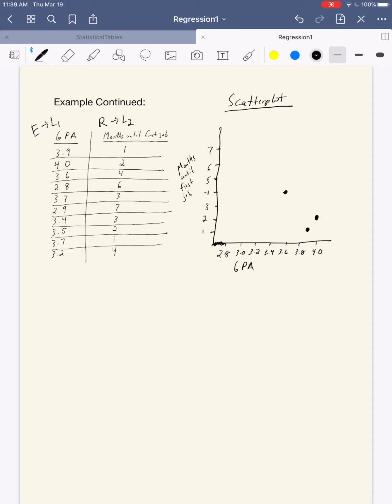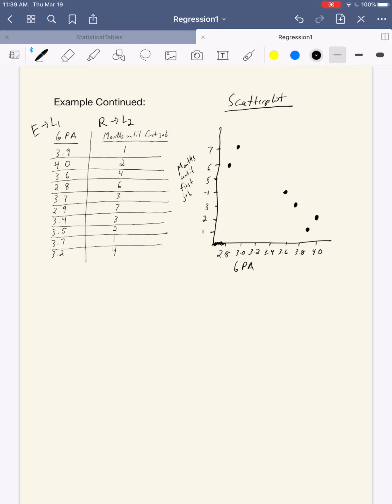We have 2.8 and 6, so we've got a data point right there. 3.7 and 3, so it looks like we've got a data point right there. That's a little off. I'll just go ahead and fix that guy. Let's try it again. So that was 3.7 and 3. Looks like more right about there. Then we've got 2.9 and 7. So we've got a data point right there.